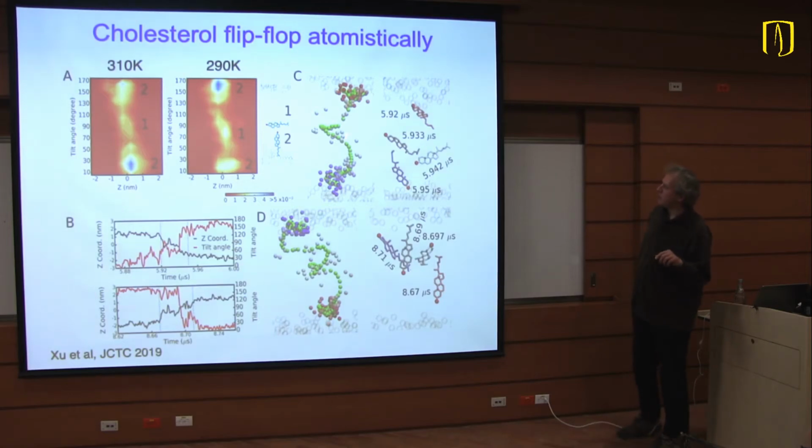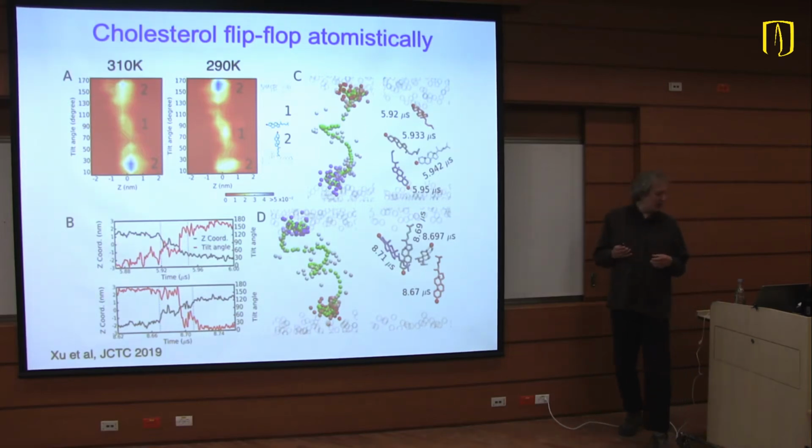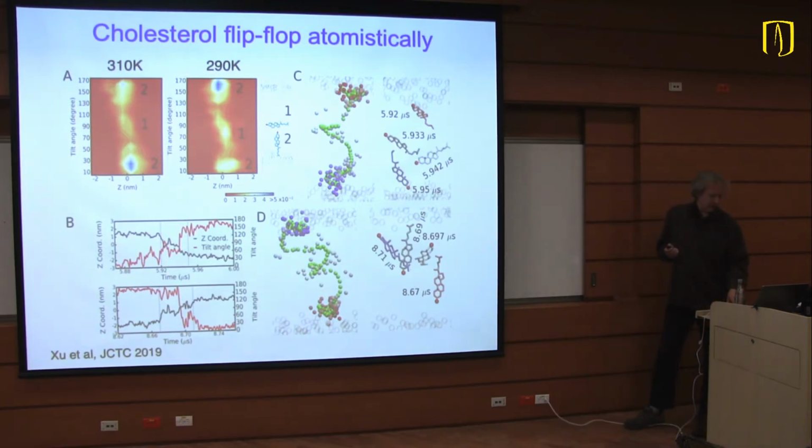These are a couple of snapshots of cholesterols that, on a microsecond timescale, actually flip from one side to the other. So I think we can look at this in more detail in the future, based on both Martini simulations and atomistic simulations. This is from quite a complicated set of atomistic simulations that is recent, 5 years beyond my 2 microsecond movie. This is 10, 20, 30 microseconds on a much larger system, a bilayer with multiple components.